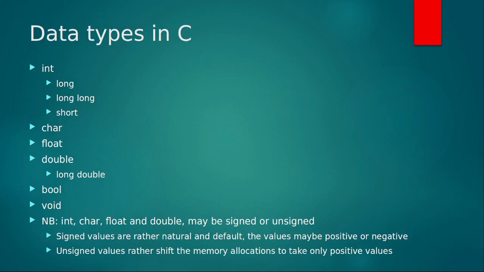And for doubles there could be a variation, long double. So they have larger memory allocation and a wider capacity of decimal points. Then Boolean values represented by bool, that is true or false.